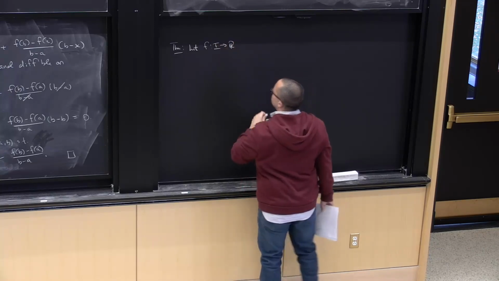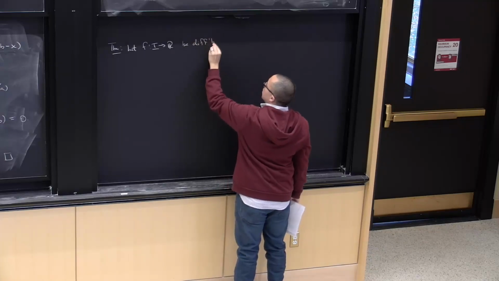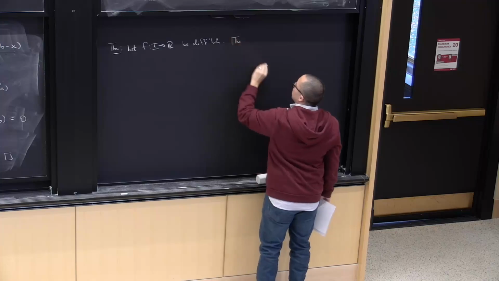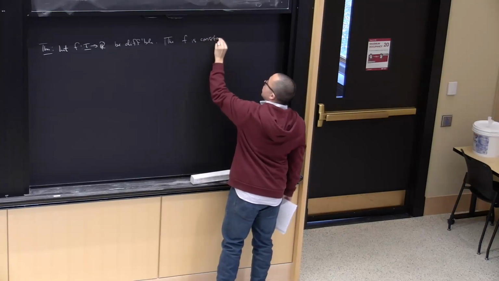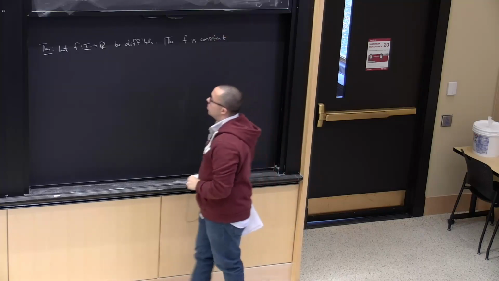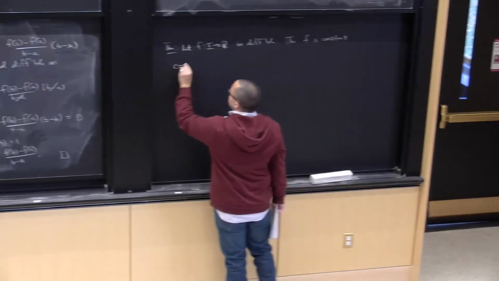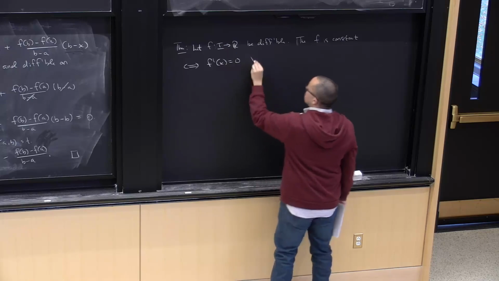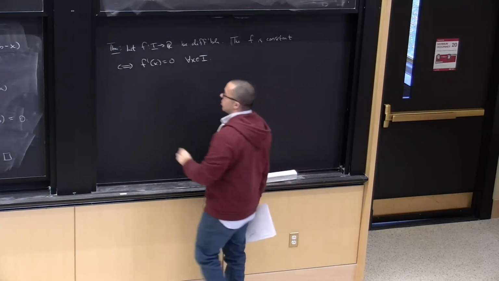Let f from I to R be differentiable, then f is constant, so f of x equals f of y for all x and y in I, if and only if the derivative is identically 0. Okay?